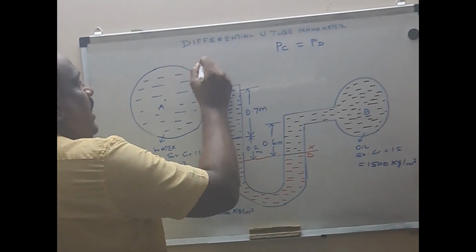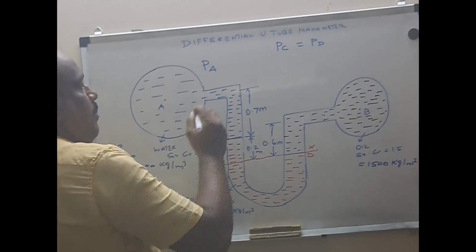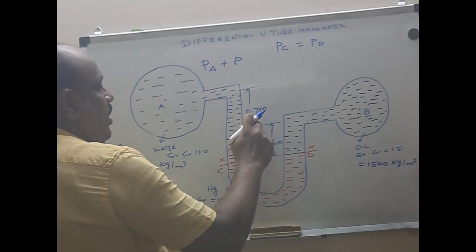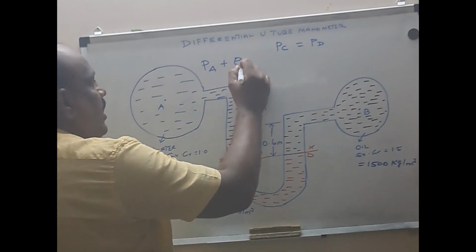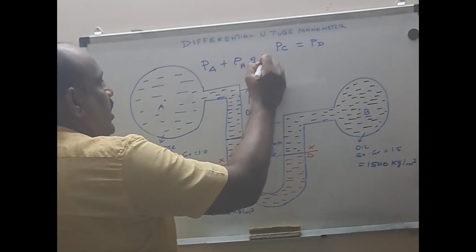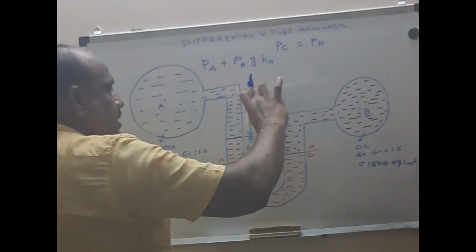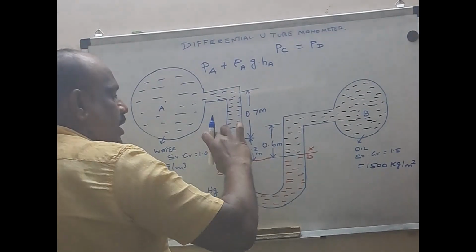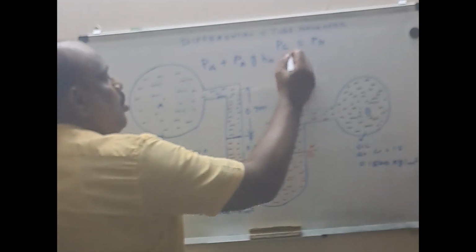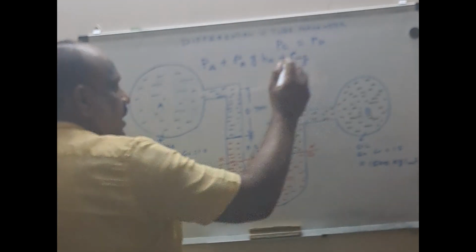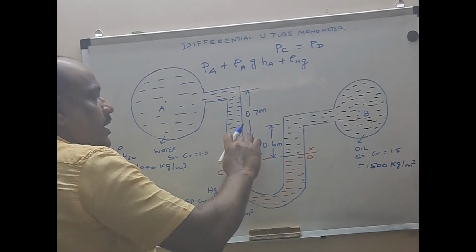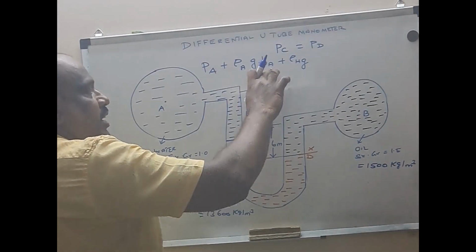How to find PC? It's nothing but PA plus rho of A into g into H of A. H is up to here only. The remaining height is also mercury, so we have to add this mercury also, plus rho of mercury. Got it? We are finding up to C, not up to here. So up to here is 0.7, or HA.